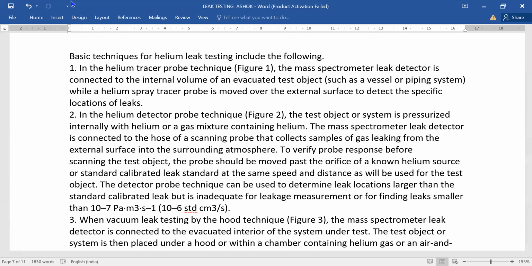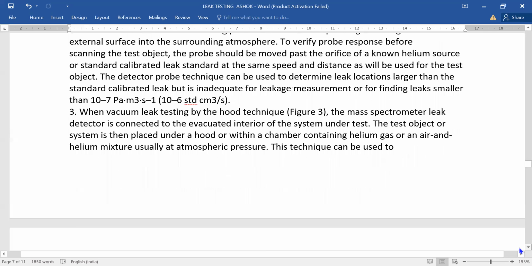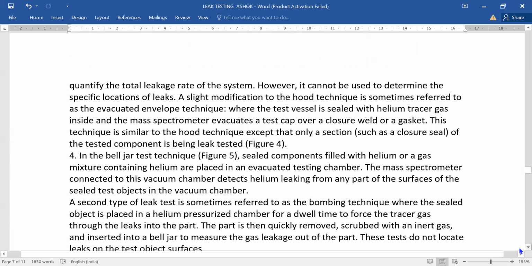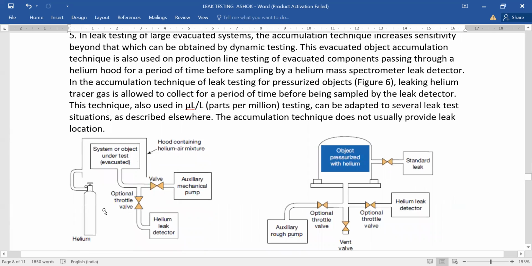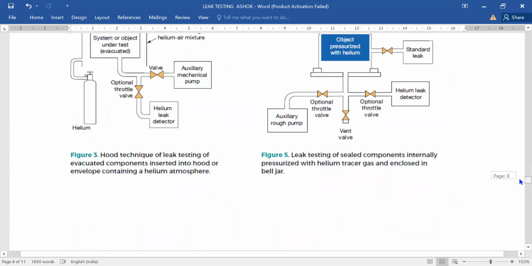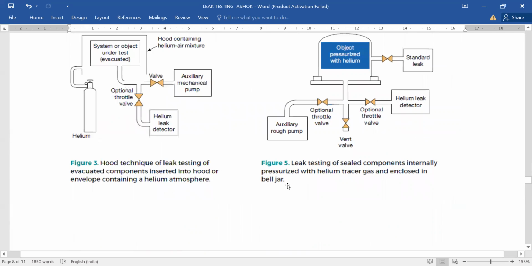Vacuum leak testing by hood technique, figure 3. Let us see figure 3. So there is a hood, you supply helium here, and the object is under vacuum, evacuated. This is the hood technique, and this is an object pressurized with helium for small leak testing of a sealed component internally pressurized with helium tracer gas enclosed in a bell jar.